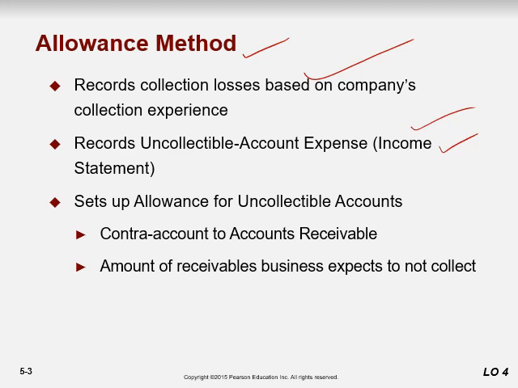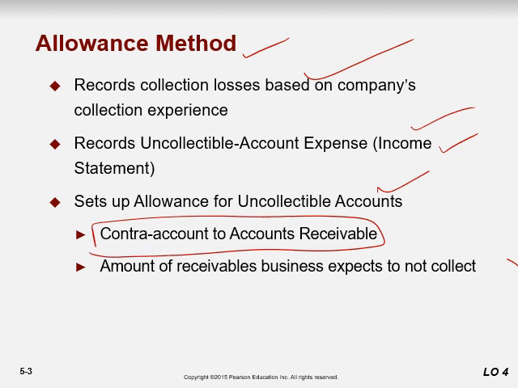So we set up allowance for uncollectible accounts, which is a contra account, the opposite of accounts receivable, right? If accounts receivable increases, we debit, but if the allowance for accounts receivable increases, it is credited.